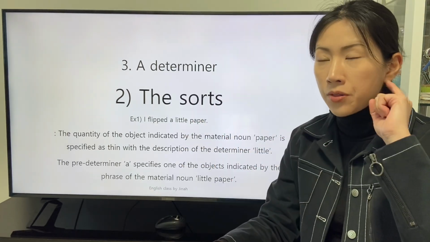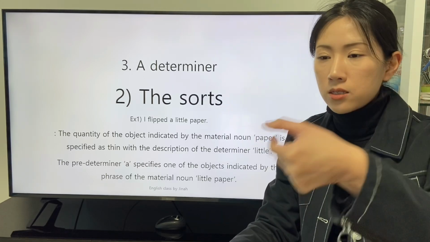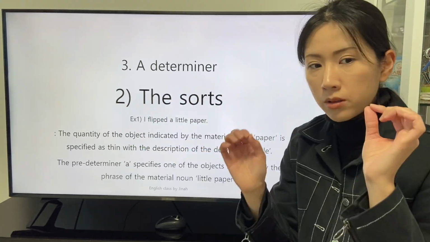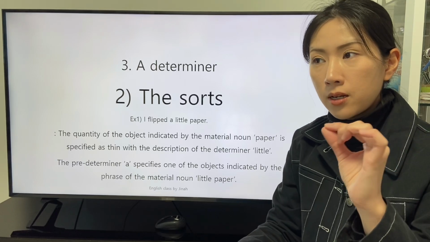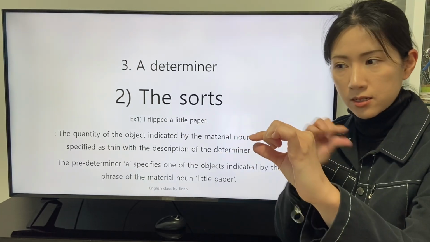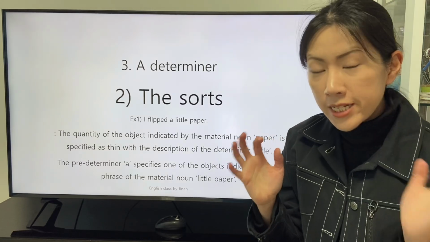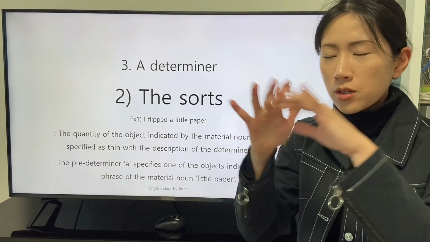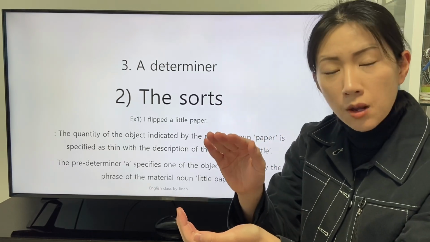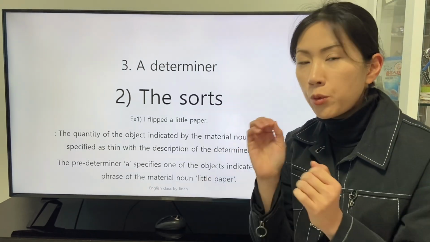We can think of the situation like this. There are bundles of little paper. Little paper can be estimated like this. The listeners can think of the situation, the bundle of the paper or more than two.